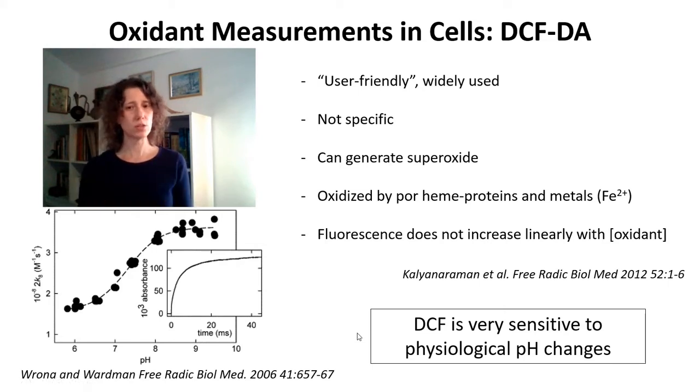So if you're going to measure something, proceed with a lot of caution if you're going to use DCF, and always remember that you should never use this probe in isolation as a measure of mitochondrial oxidants or mitochondrially generated oxidants. You need more evidence than just the fluorescence of this probe.